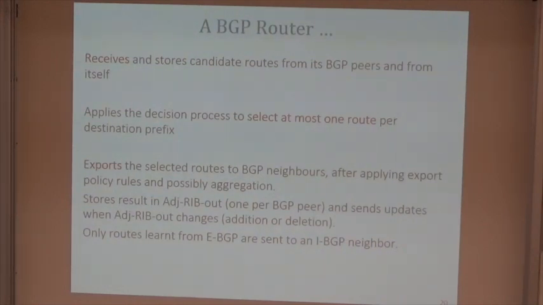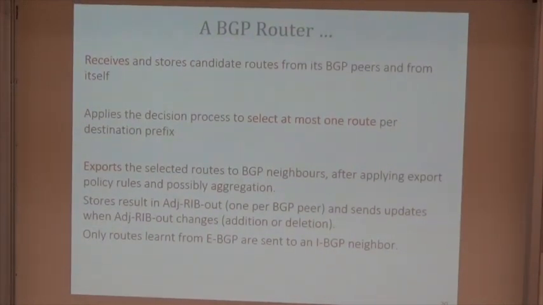A mental model of a BGP router is that it's a pipeline that is working on a stream of messages. So it receives from its neighbors, also from its internal configurations, routes with the paths.